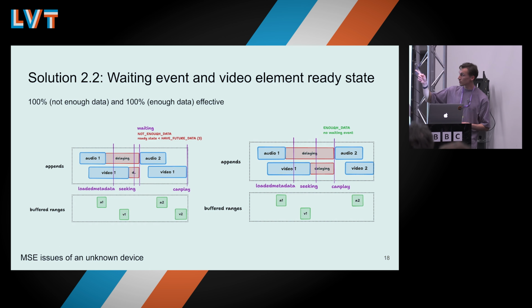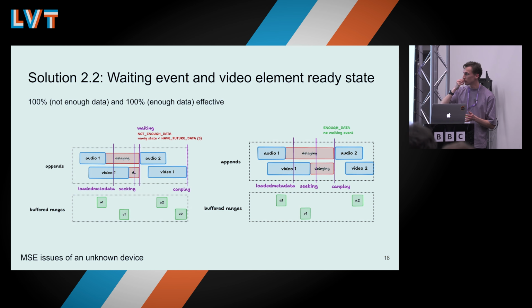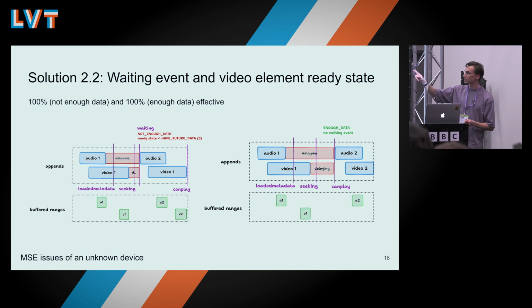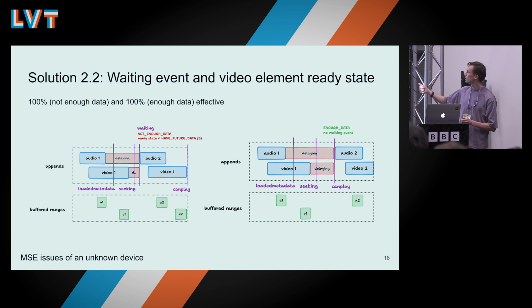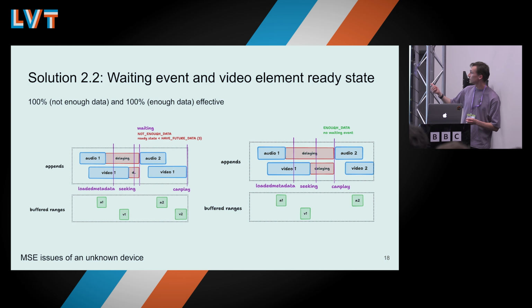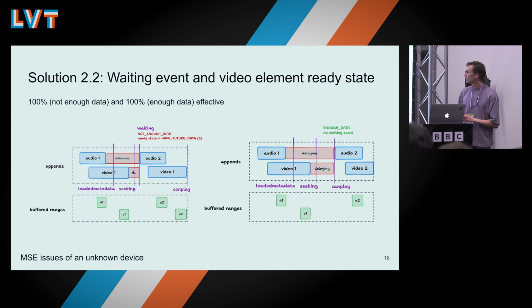When it's smaller than have future data, it means we don't have enough data, and we keep delaying, but now using the waiting event. So the difference is only in when we stop delaying. On the right, when we have enough data, we will not get the waiting event at all.